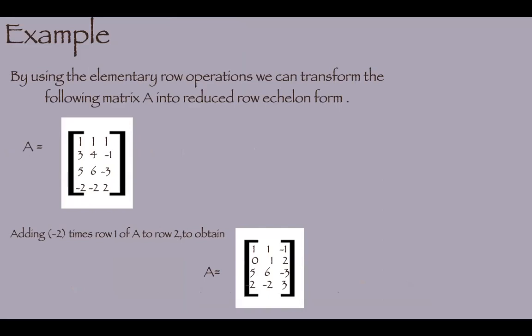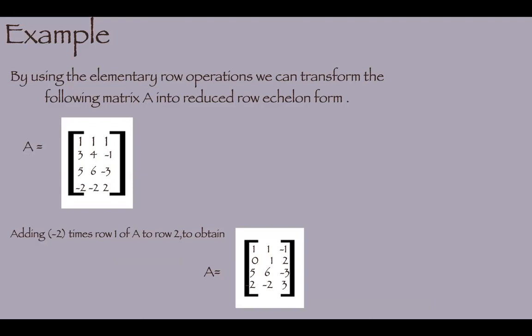Example. By using the elementary row operations, we can transform the following matrix A into the reduced row echelon form. Here is the given A matrix, so we have to add minus 2 times row 1 of A to row 2 to obtain the change.